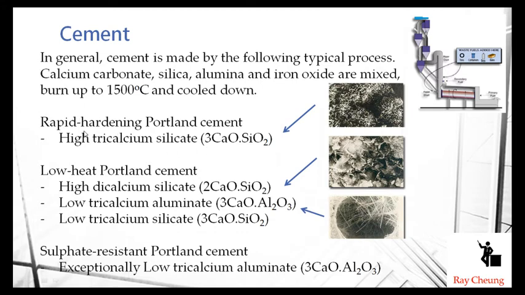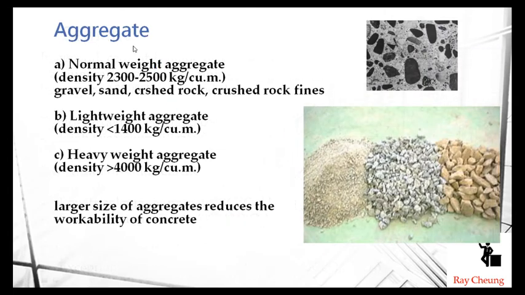For example, if I want rapid hardening Portland cement, then we need higher calcium silicate, something like this. For aggregates, normally we also have different types. You can see something like the rock, and we call it aggregate.